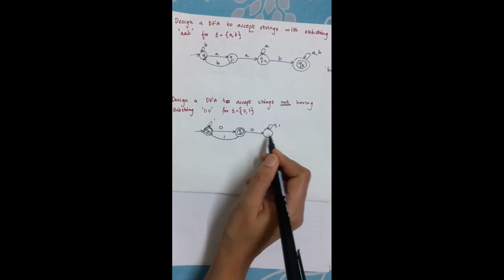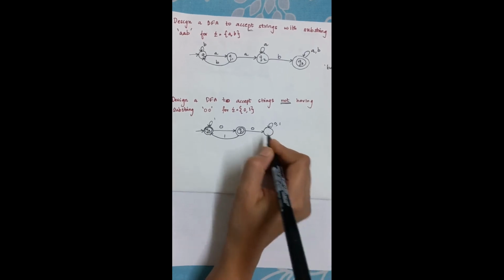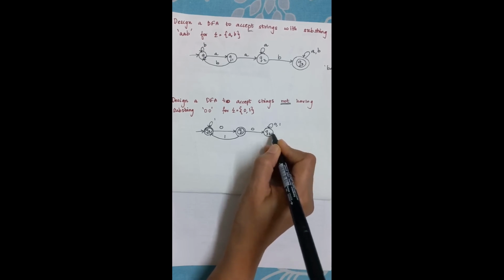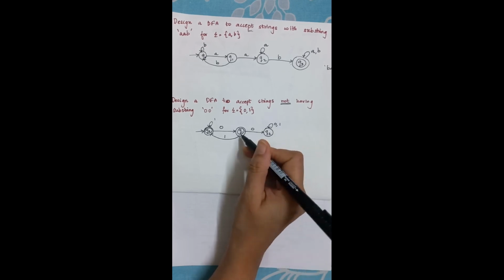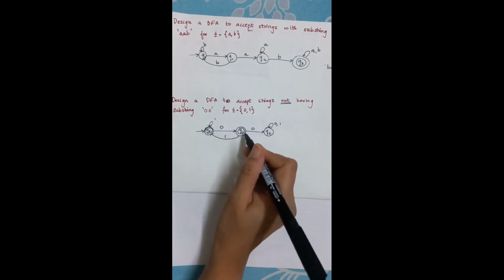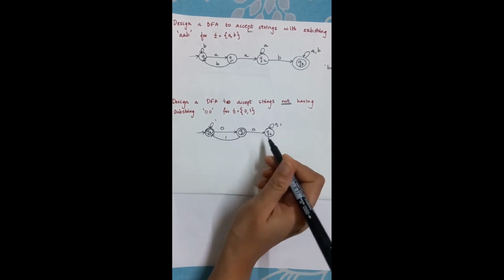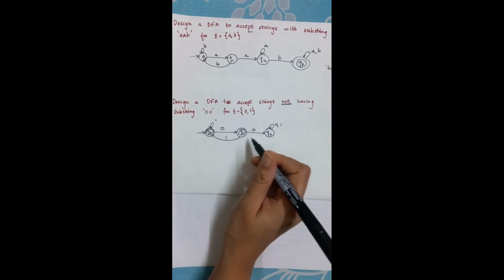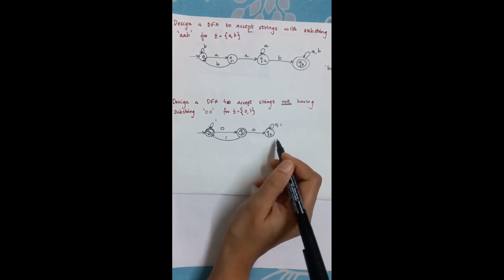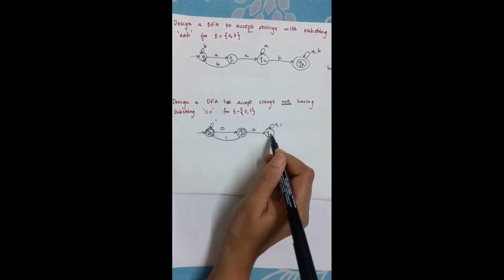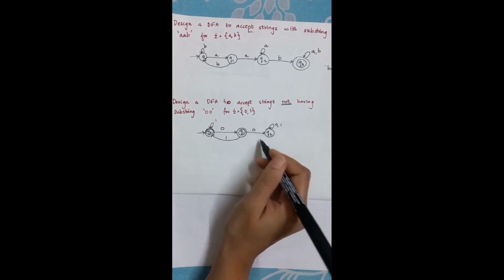If I see any 0, 0, then it will take me to a dead state. This can also be considered a dead state because I never come back from this state to my final states. There is no arrow inwards towards my final state from this state. So if there is 0, 0, I redirect to a dead state.